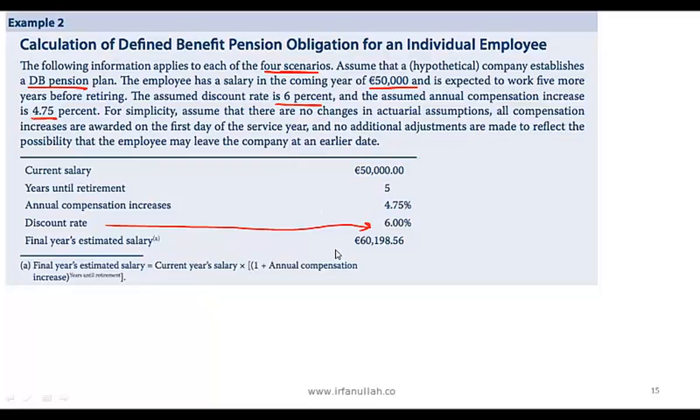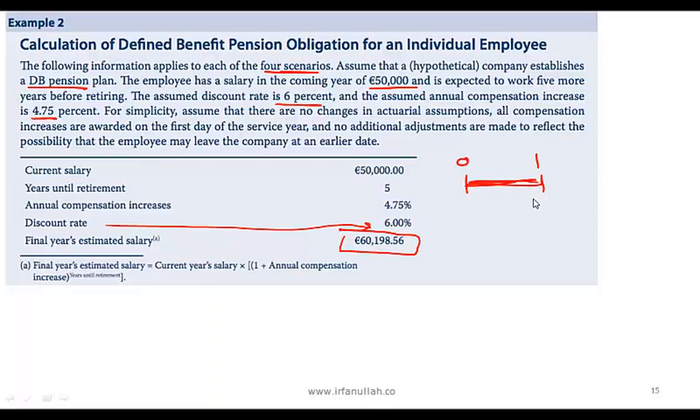The only point I want to make here is at the end of 5 years, this is the final salary. How do we come up with this number? We take the 50,000, and one little factor that you need to be aware of, if this is time 0, this is time 1, the salary is for the year.